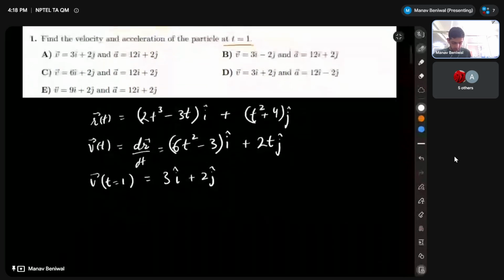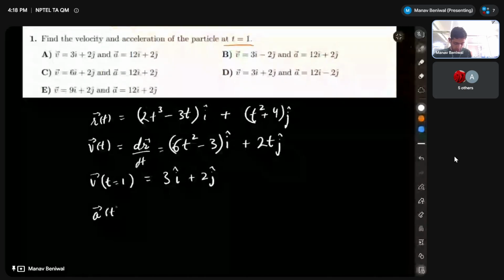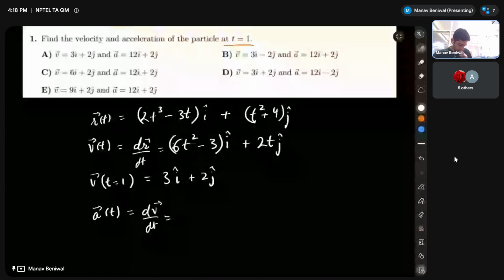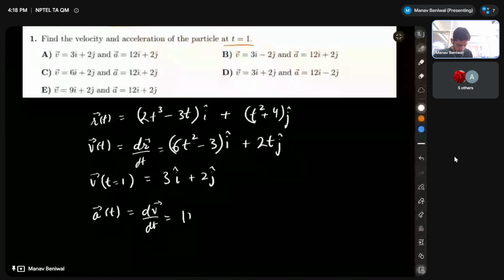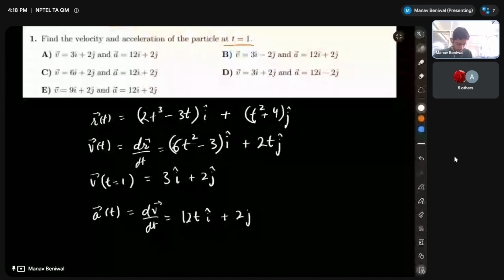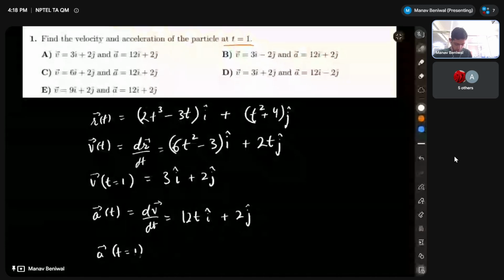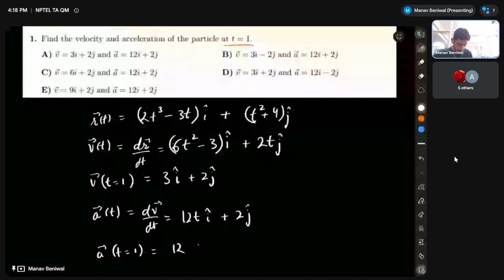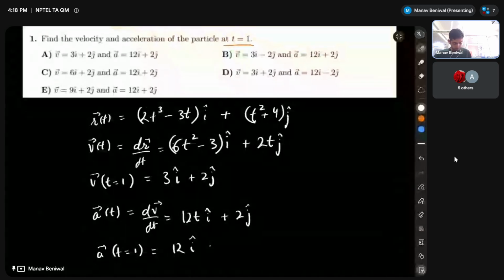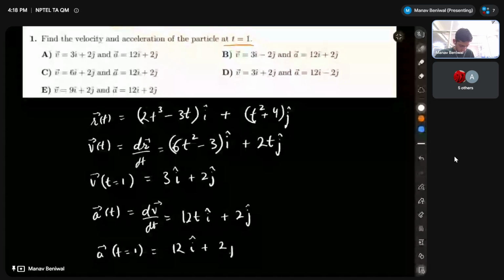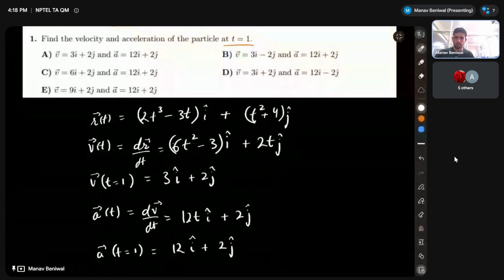Similarly, my acceleration a of t I can write as dv over dt, and that will become 12t i cap plus 2 j cap. And acceleration at t equals 1 will be 12 i cap plus 2 j cap.